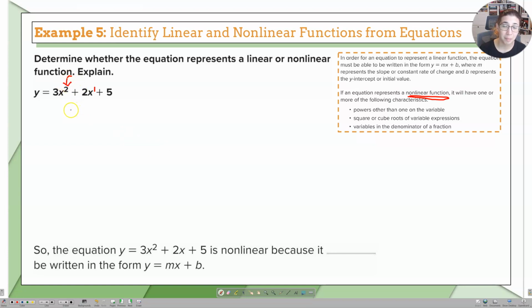Is that a power other than 1? Yes. Therefore, it's nonlinear because it cannot be written in the form of y equals mx plus b, right? So it doesn't work. It just doesn't meet all the characteristics.